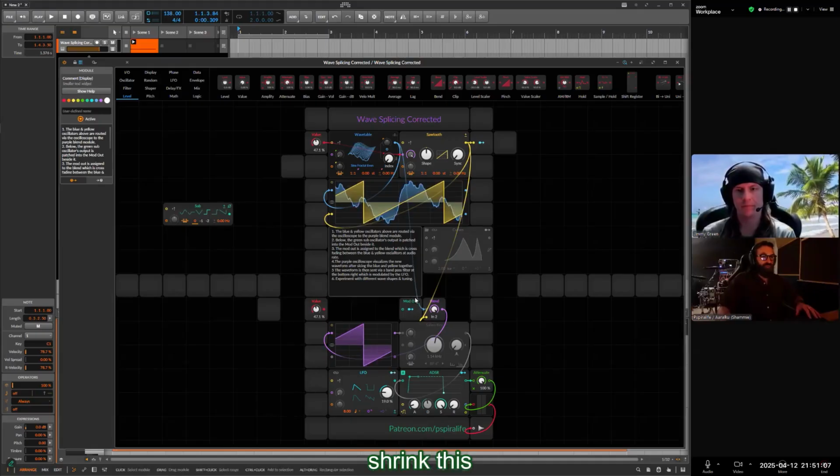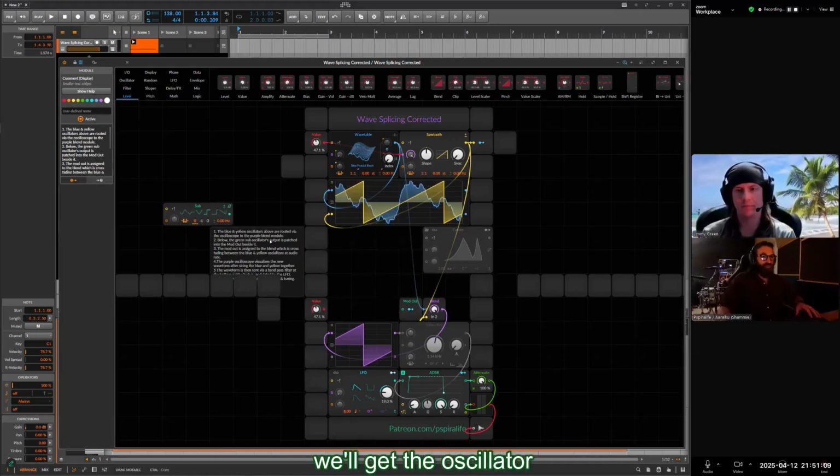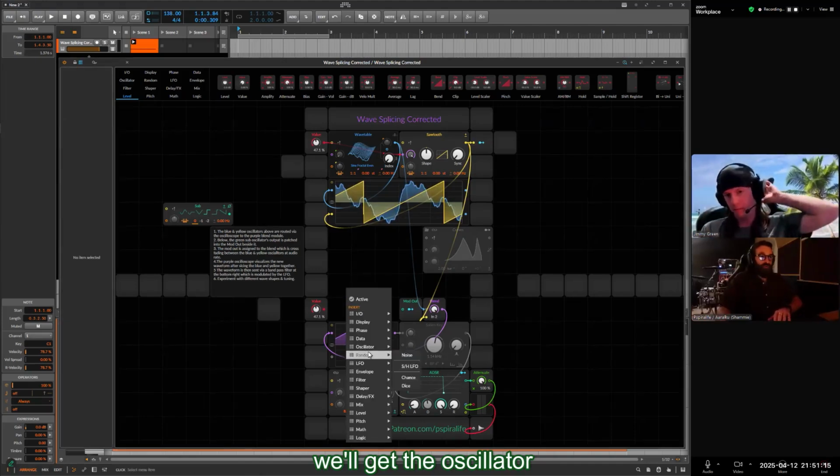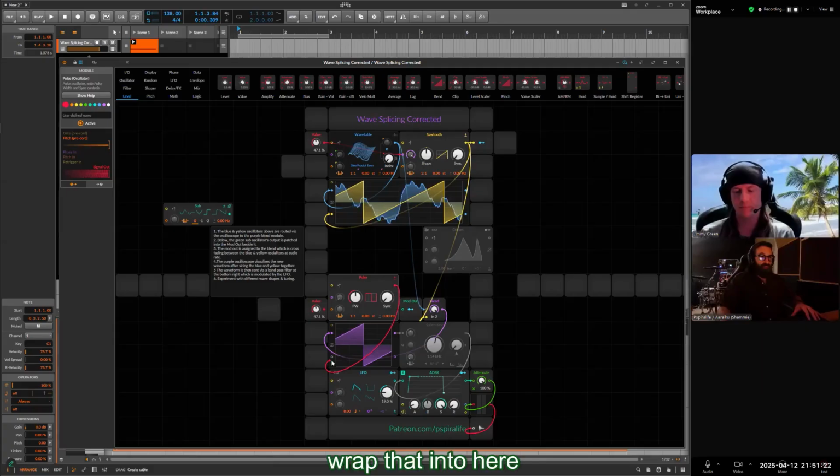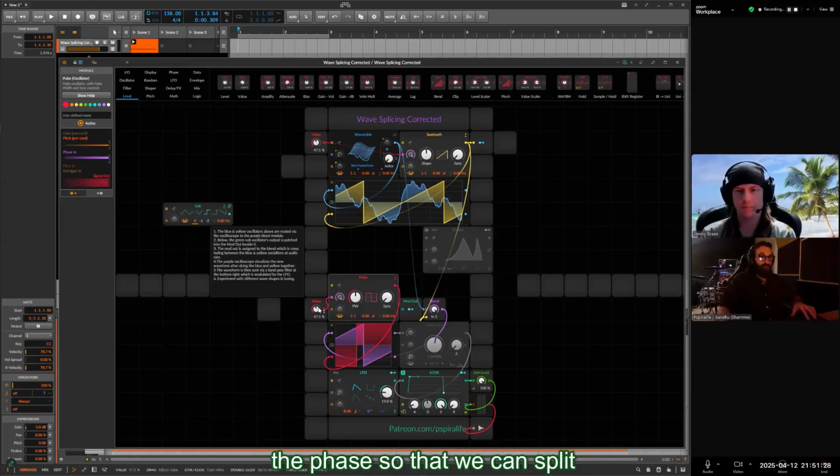Can I shrink this? No, I'll just bring it over here. We'll get the pulse oscillator and wrap that into here, and then use this value to modulate the phase so that we can split it right down the middle.